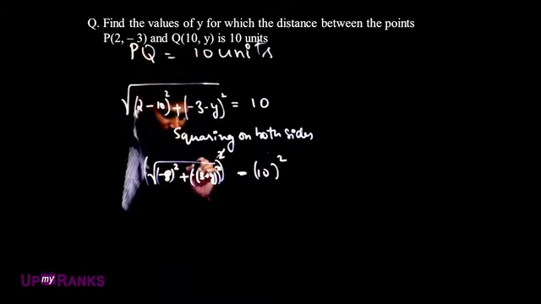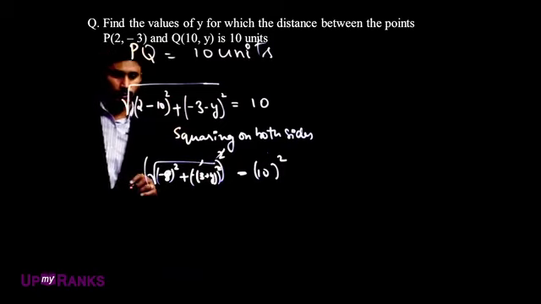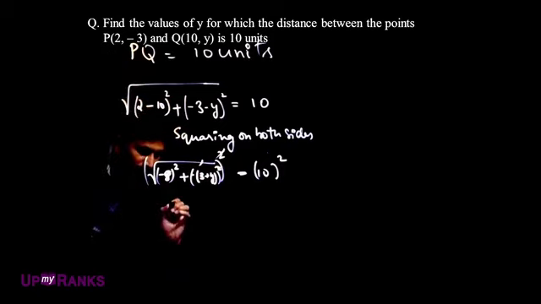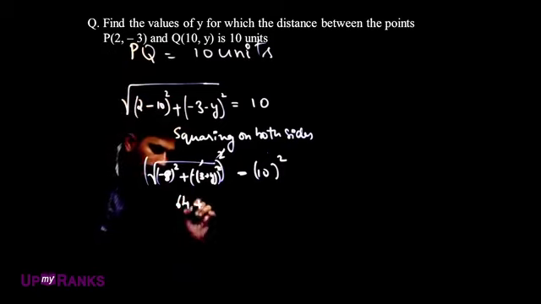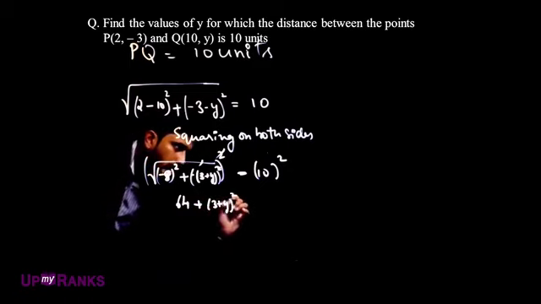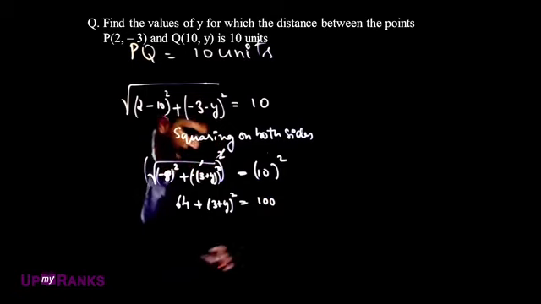Now this square and this root get cancelled, so I get minus 8 square, which is 64, plus (3 plus y) whole square, which is equal to 100.